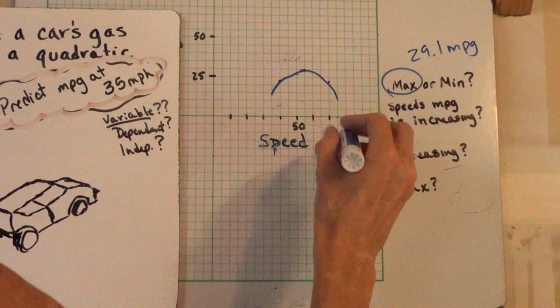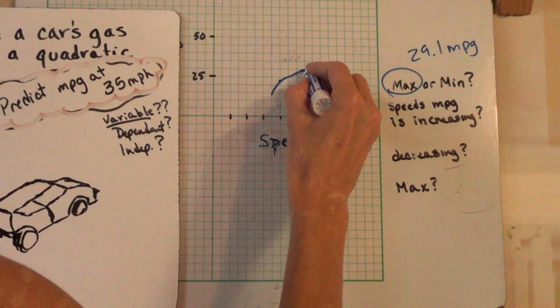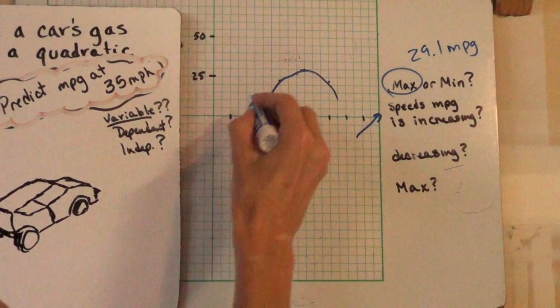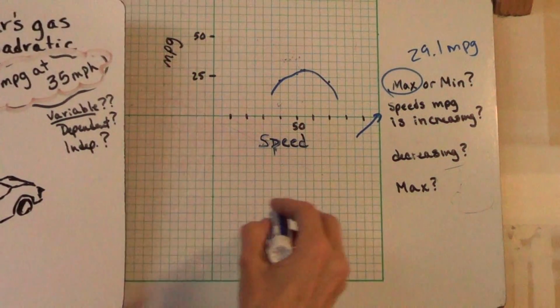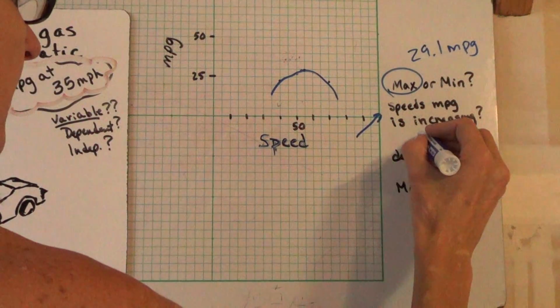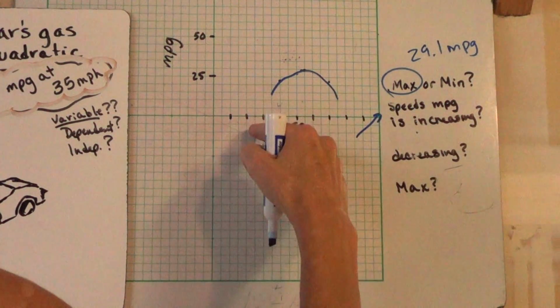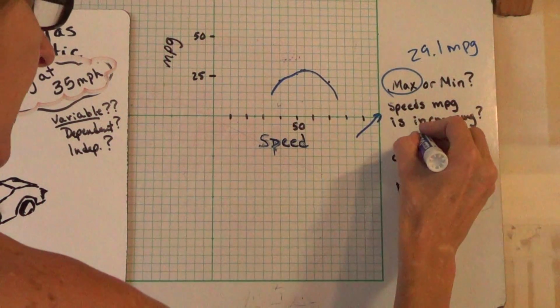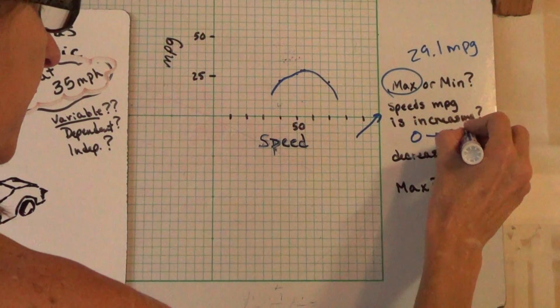Well, increasing means it's going with a positive slope, so that would be clear up to 55. It's all of these going up to 55, so from 40 to 55. And you could probably, since it's real world, say from 0 to 55.